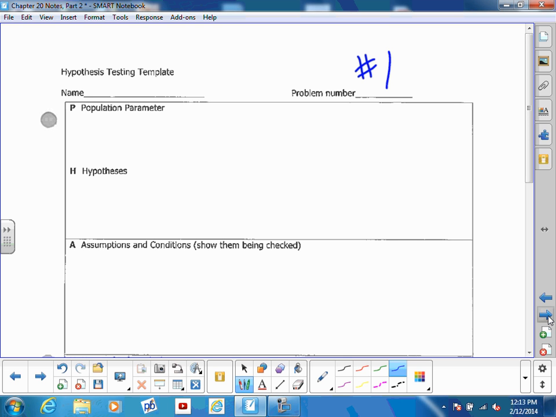Okay, so the proportions that you are getting, what is the proportion that you are going to be inferring about? The proportion of what? Okay, good. Proportion of the entire fleet. This has to be about the whole population.